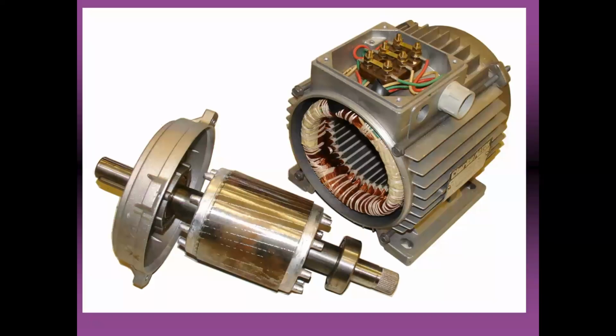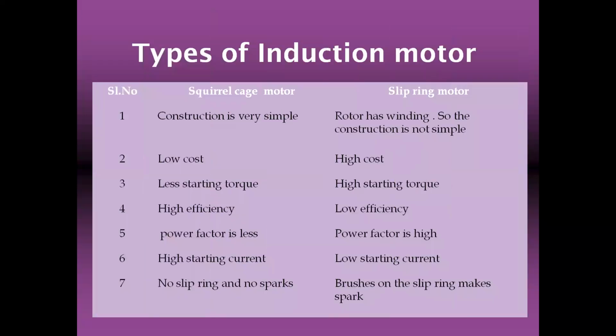This is the comparison of squirrel cage and slip ring. Mainly, the squirrel cage motor is superior to the slip ring motor, but it has a low starting torque, low power factor, and high starting current.